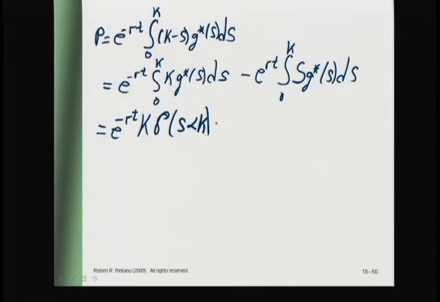And then I go over here. This is e to the minus rT, and I'm going to use the same trick as the prior slide. This is not quite the expected value of S, because over the range from 0 to K, G star is not a probability function.